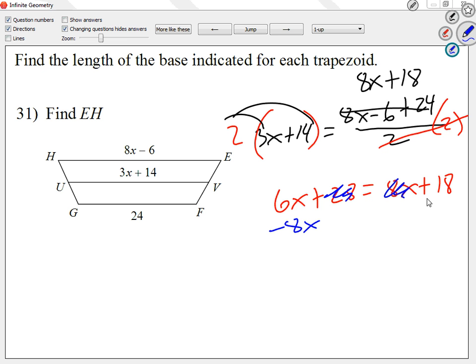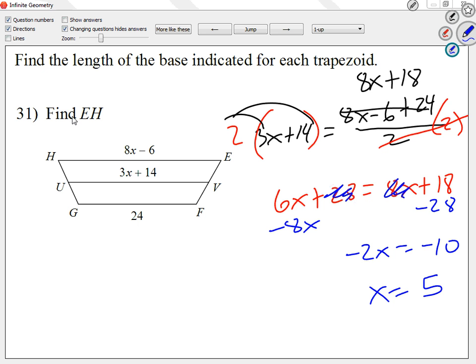My positive 28, let me cross it to the other side as a negative 28. What's 6x minus 8x? Negative 2x. How much is 18 minus 28? Negative 10. So what's the value of x? Positive 5.